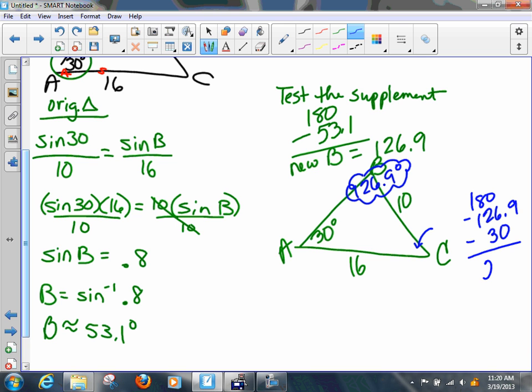That means that I have acceptable angle measures in my supplement triangle. If I can get all three to total 180 degrees, then I'm good to go. And then, folks, we solve the triangle like normal, okay?